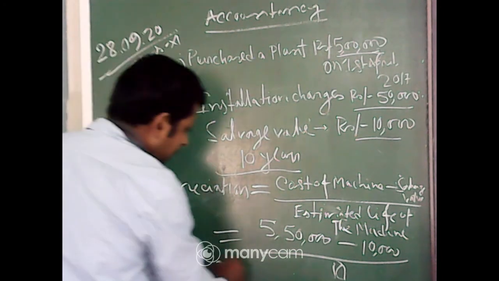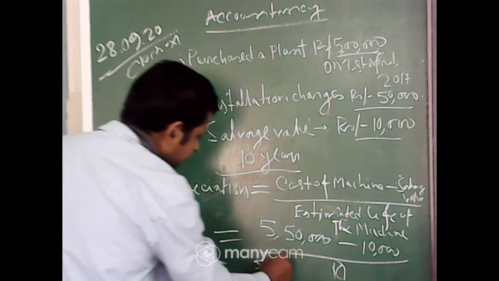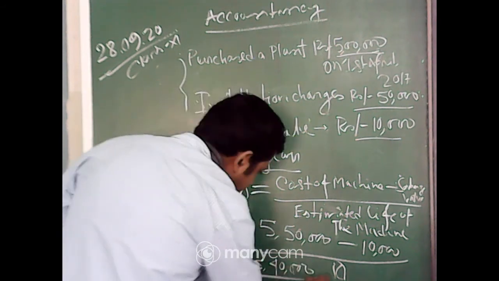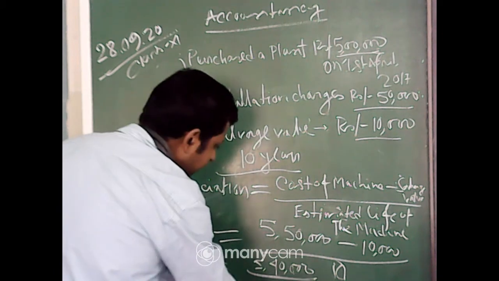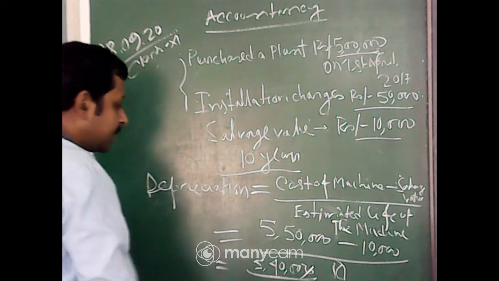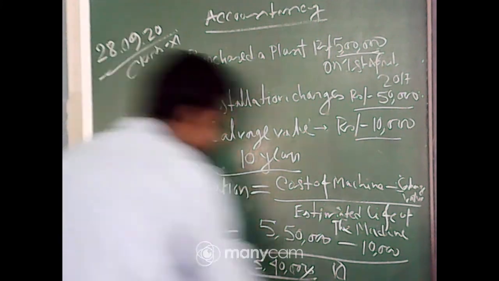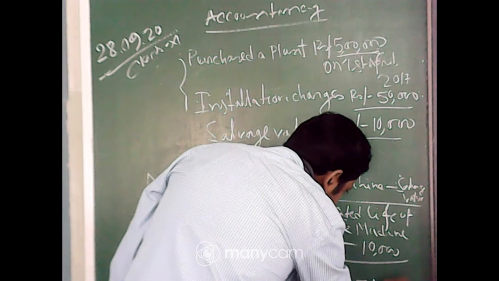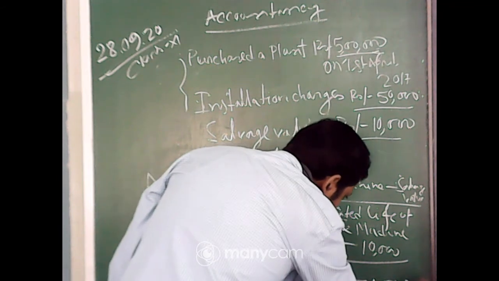Now this is 5,40,000 divided by 10. If you cancel 10 and 10, 54,000 is your depreciation per annum.